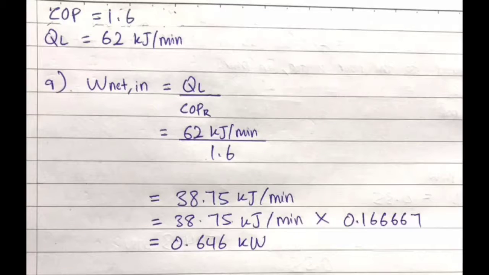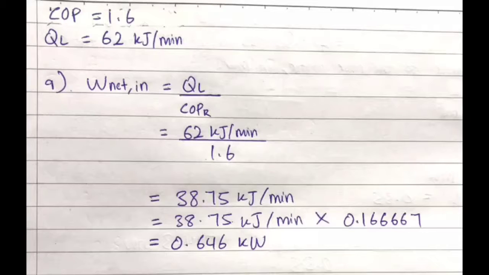For question A, using the definition of the coefficient of performance, the power input to the refrigerator is determined to be W net in equal QL over COP refrigerator. So we put the value in the formula, 62 kJ per minute over 1.6.